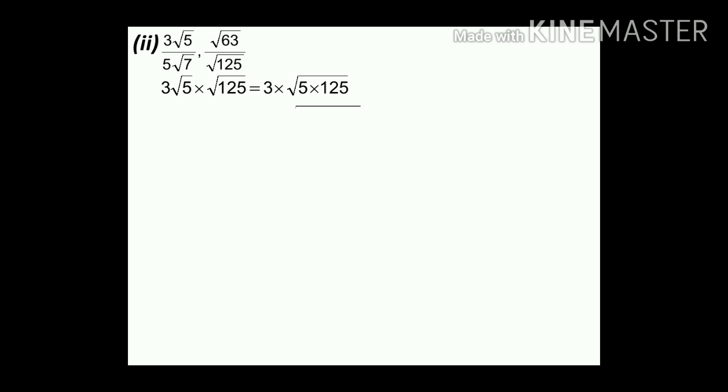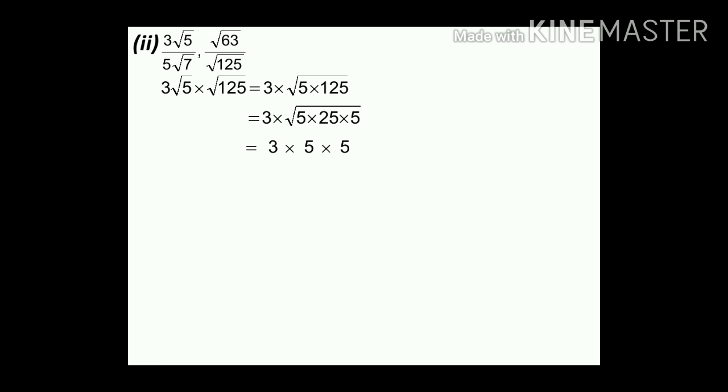Now 3 into root 5 into 25 into 5. Here children, 125 means 25 5s are 125. Now 3 into 5 into 5, because 25 is the square of 5. So it will come out, 5 two times is there children. So it will come out of the root.